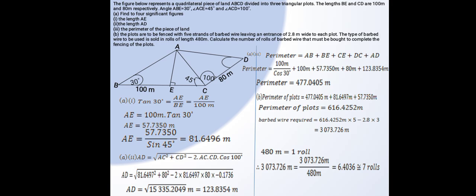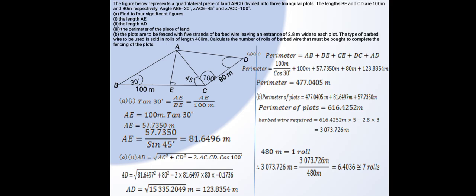Now the plots are to be fenced. The perimeter we got above excluded lengths AC and AE. So we add those, and we find that the perimeter of the plots is 16 meters. Now subtract the gaps that have to be left.